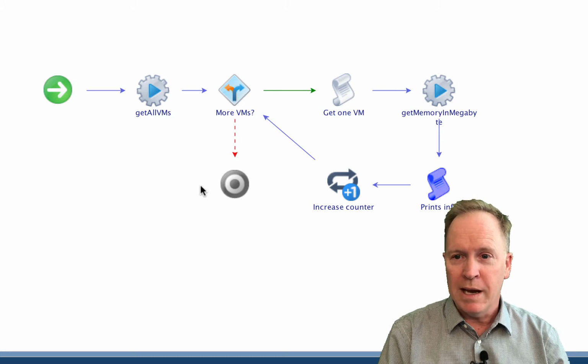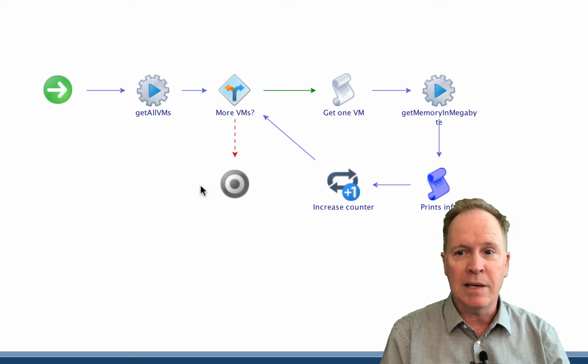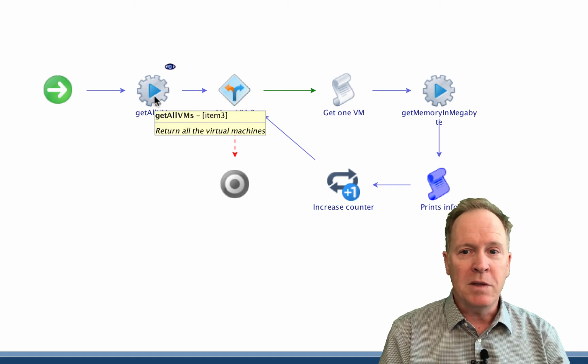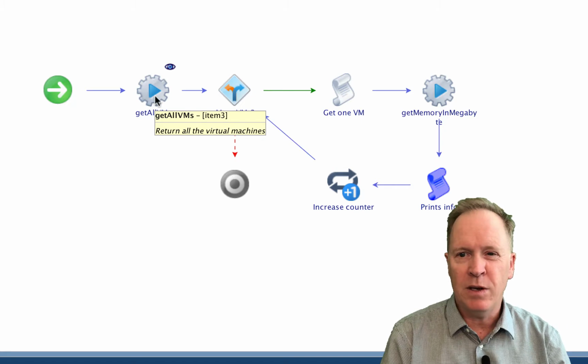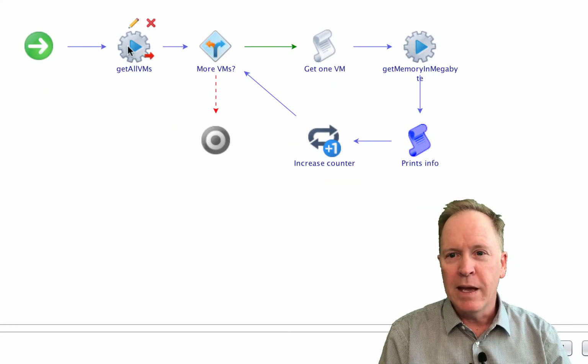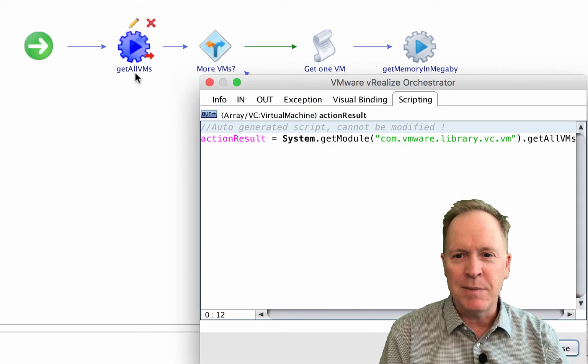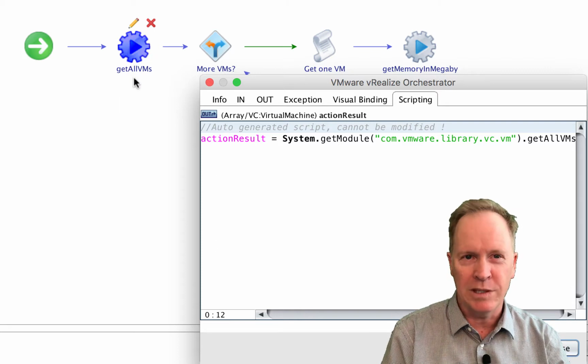So why don't we poke a little deeper and see what we can about each of these schema elements. This action, if you've never seen it before, actually I think you saw it in the previous video, but just in case, let's edit the workflow and edit the action. Sometimes these names get truncated and you can't figure out which action it is.